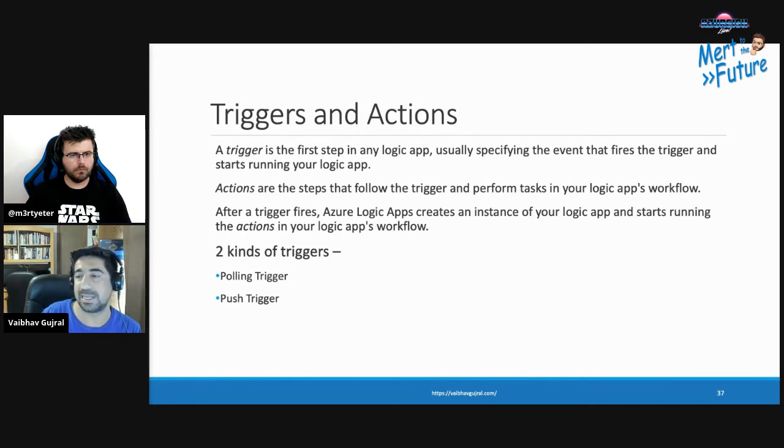As soon as one of those conditions happens, the trigger automatically runs your logic app. Whereas in the push trigger, the trigger waits and listens for new data or an event to happen. It doesn't keep polling the system though. And whenever the data is available or whenever a new event happens, the trigger actually creates and runs a new instance of your logic app.